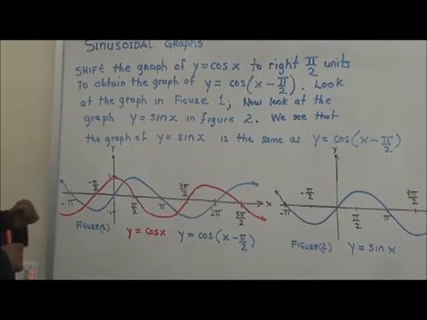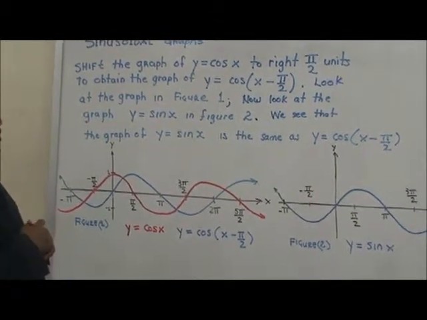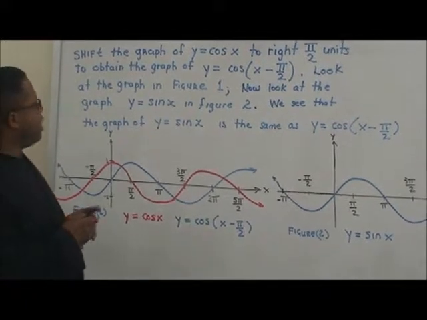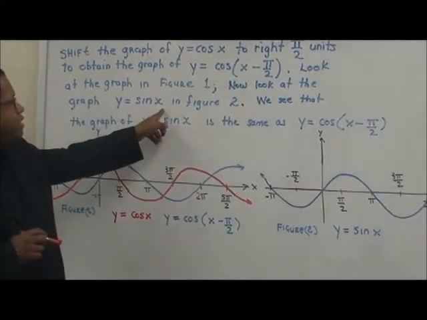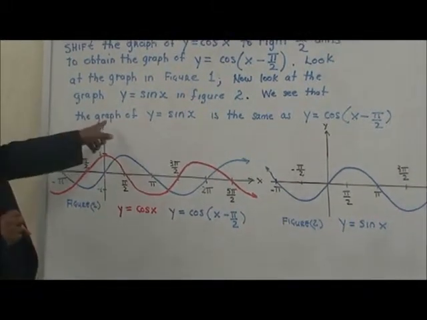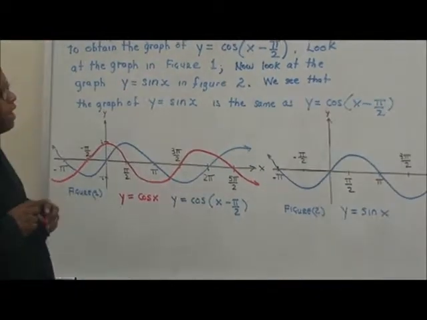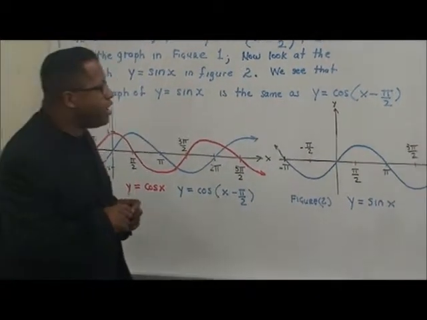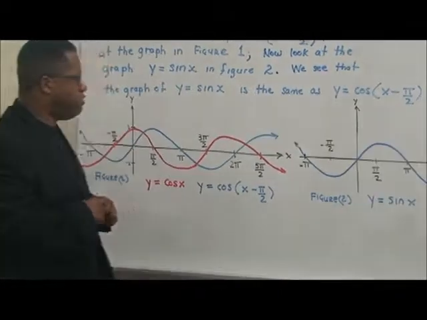But look at the graph in figure 1, and in figure 2. Figure 1 shows the graph of y equals sine x, and figure 2 shows that the graph of y equals sine x is the same as y equals cosine of (x minus pi over 2).